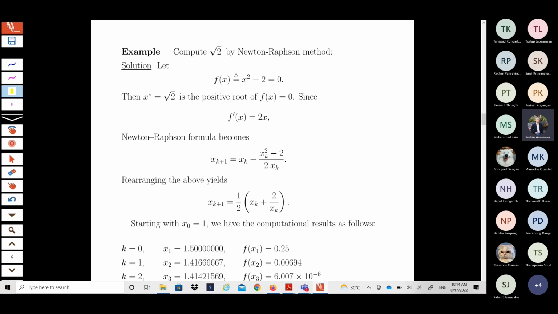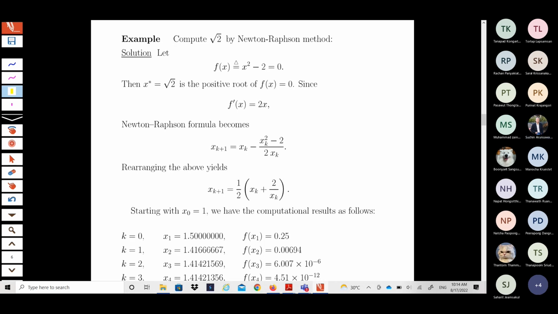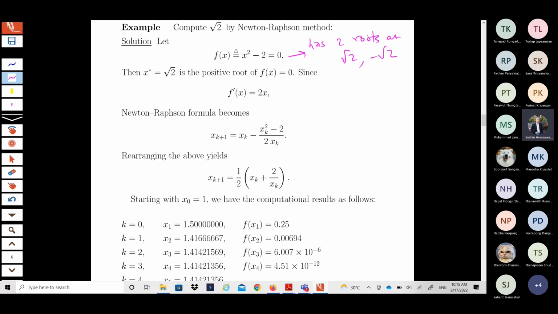This is the nonlinear function we choose, the same as last time. The square root of 2 is the positive root. This equation has two roots, and what we want to compute is the square root of 2.